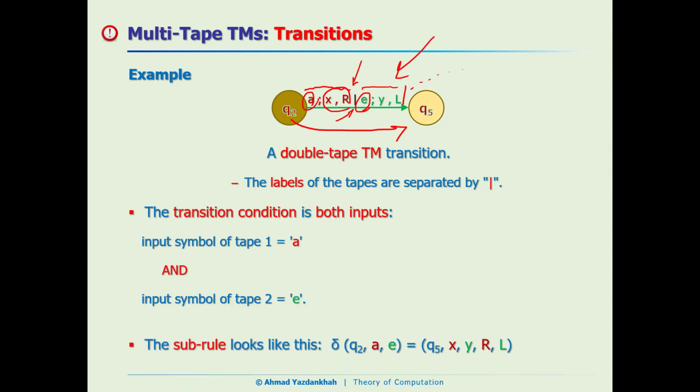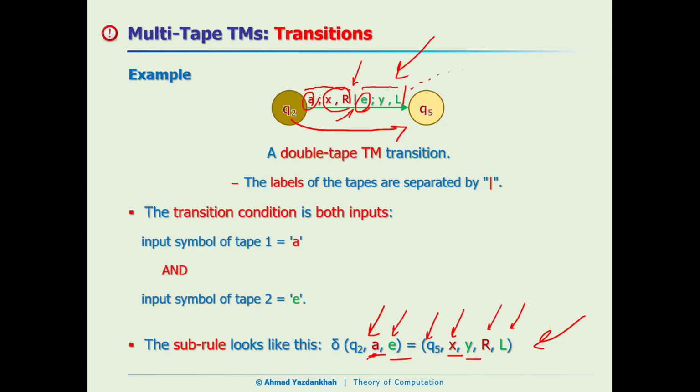And here is what the subrule looks like. So if the input is A for tape number 1, and the input is E for tape number 2, then go to Q5 and replace the A with X, E with Y. On tape 1, go to the right; on tape 2, go to the left. Yeah, you see, at the beginning it looks very complex, but it is so easy to use.